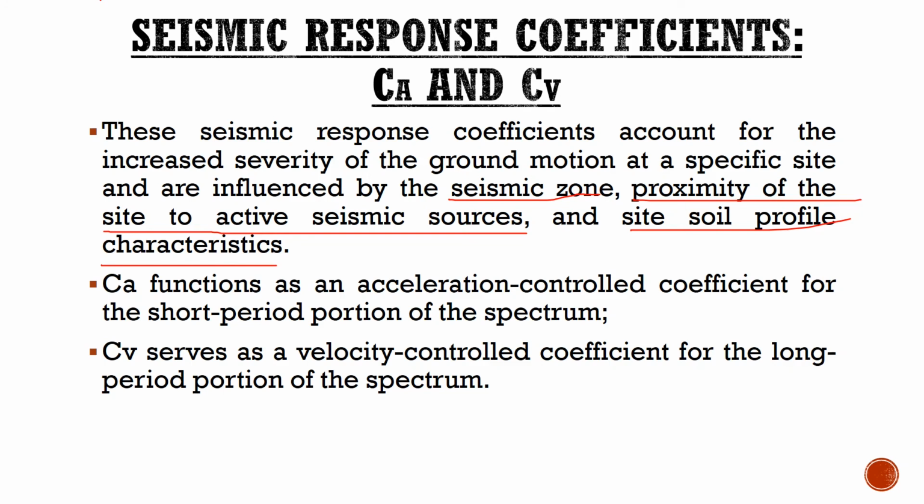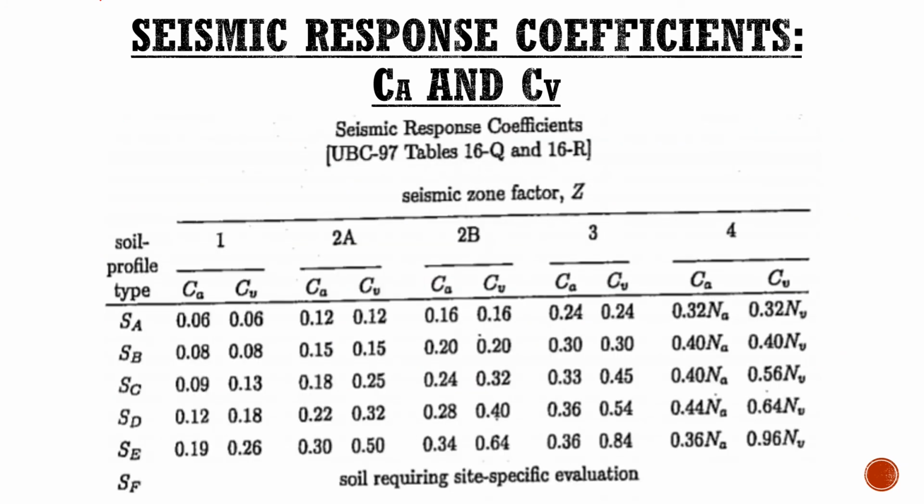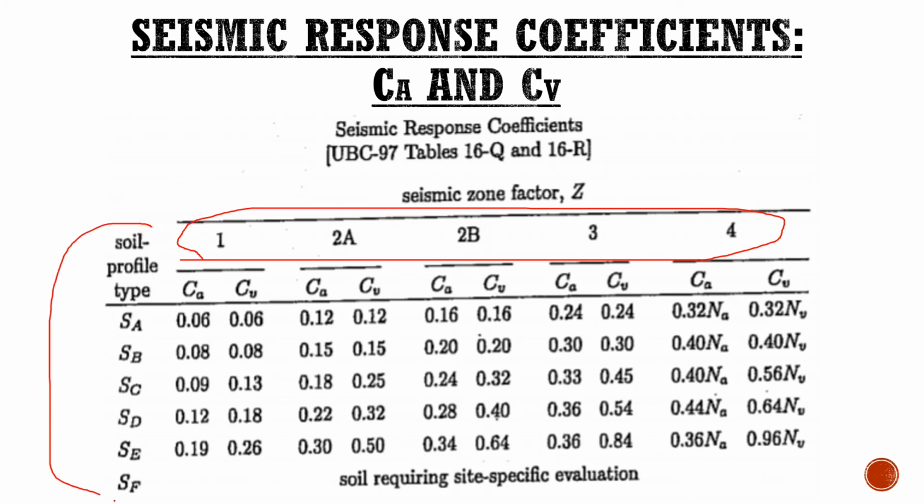Ito, CA o CV. Again, so, for UBC 97, so mo na iya guys. So, nato mga profiles ay seismic zone, no? Seismic zone factors. Then we have this profile. So I think dili magamit ni, no?